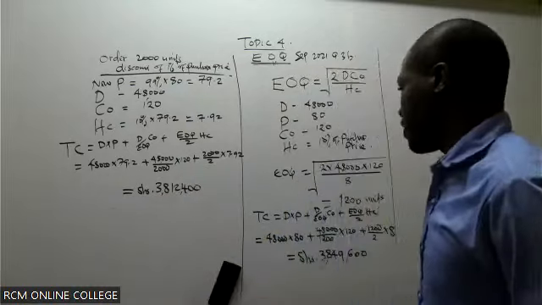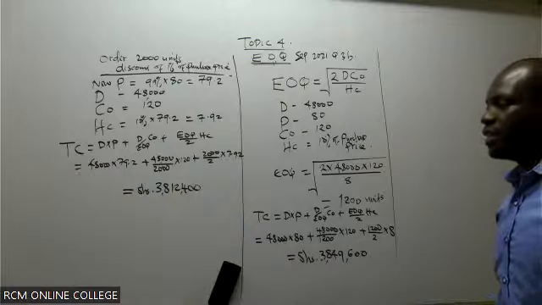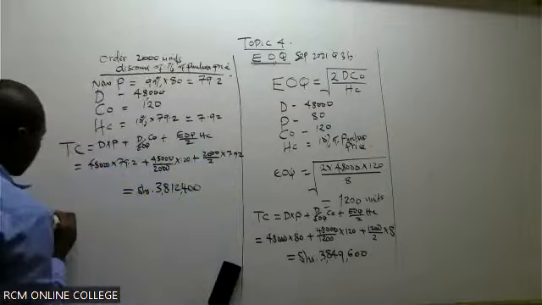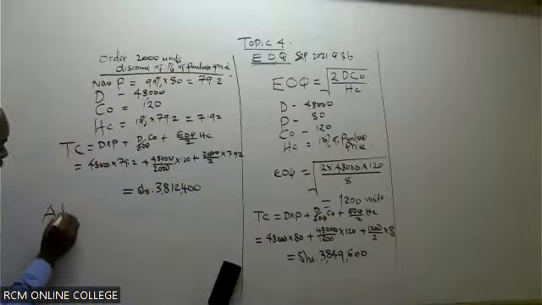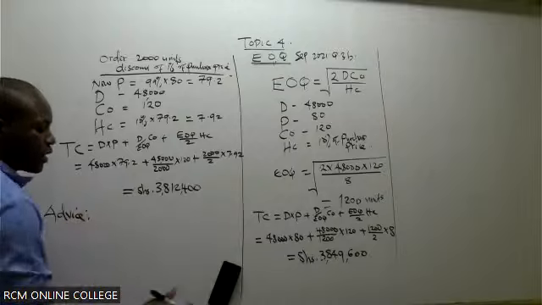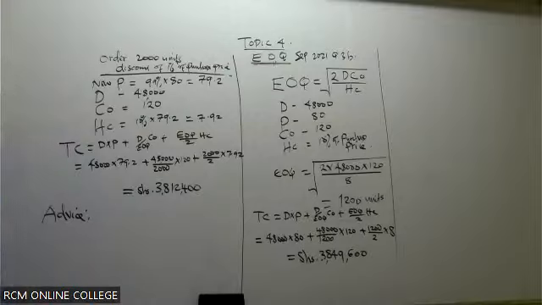As a management accountant for this particular company, advise the management. At all times, you just go for the lowest cost or minimizing cost, so long as the quality is taken care of.